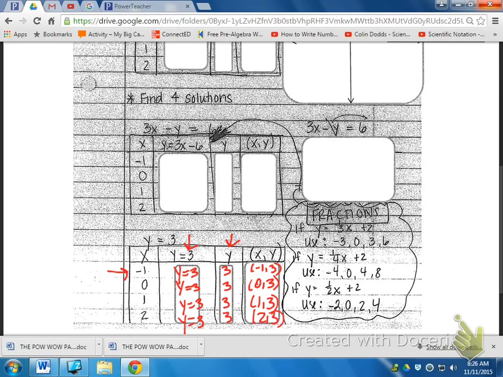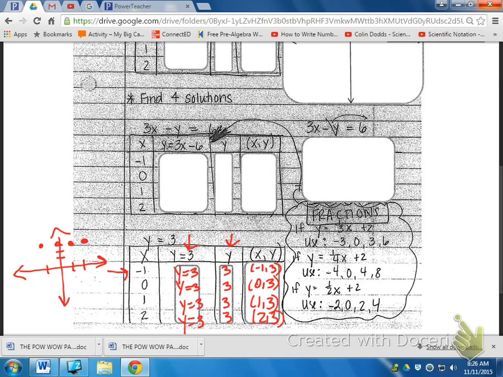So my ordered pair is always going to have a 3 in it. Now, I don't have a graph here, but I do want to show you off to the side because this is really important. Y is 3, and I've got negative 1, 0, 1, 2. So it's going to be negative 1, 3; 0, 3; 1, 3; 2, 3.